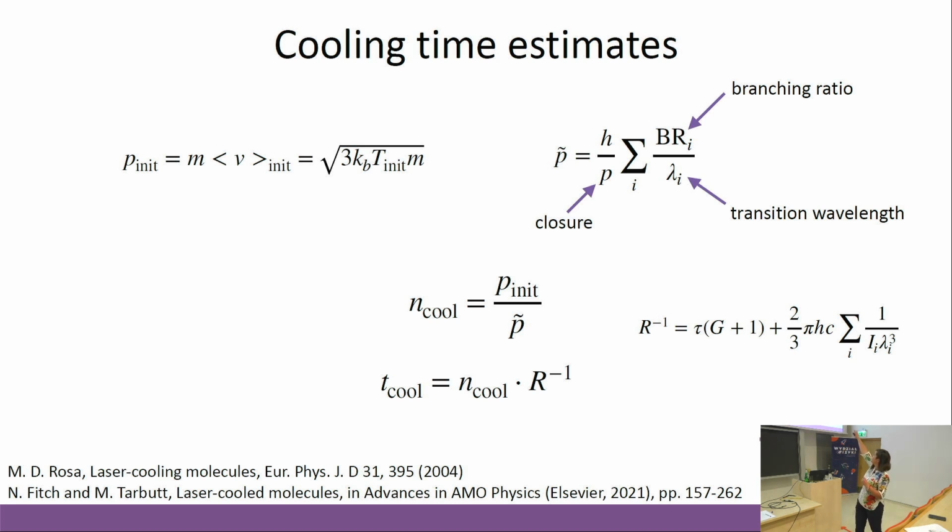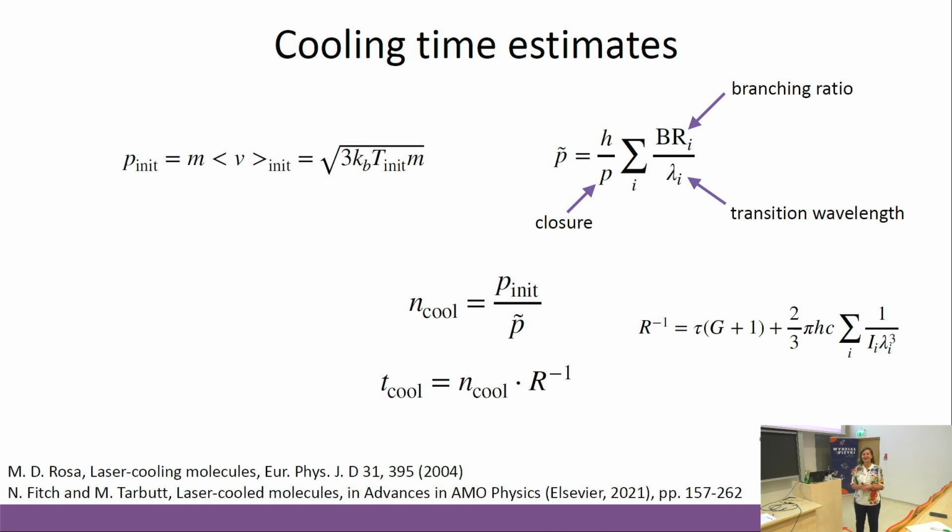So this is the mean photon momentum, and then to compute how many events you need, you divide one by the other, and then you divide by the scattering rate. So it's coming from those two publications. We are very happy to use equations from them.